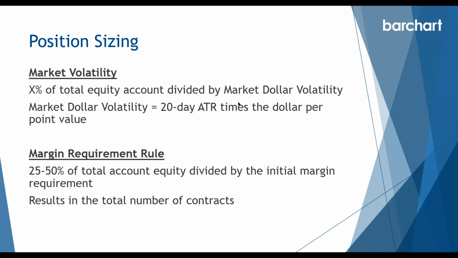Now, the general rule here for most traders is we're going to use about 2% of our equity in this formula. Now, some of you who have a limited amount of capital, if you did this formula and you're using one of these more volatile markets, you'll get a value that is less than 1. Don't worry.